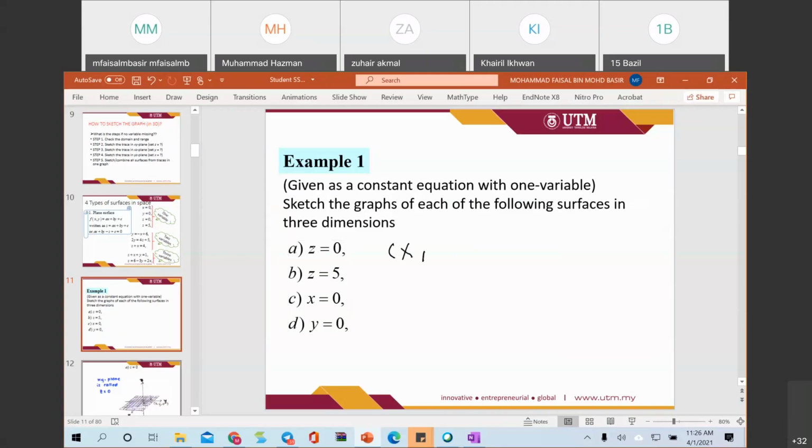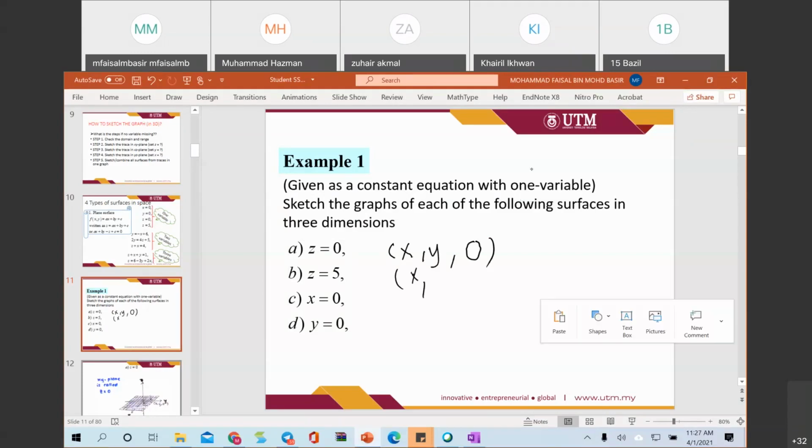Everything in X, everything in Y, but your Z is 0. So what about z = 5? Good. Who's that? Elvin.